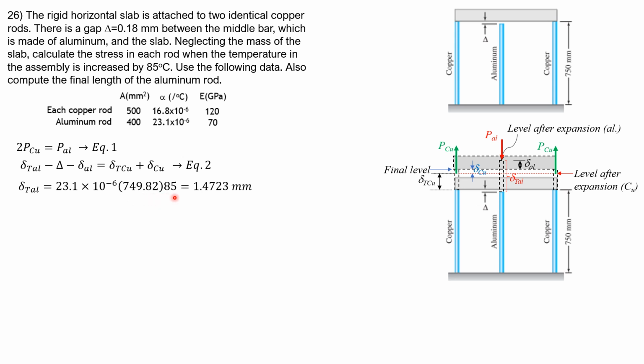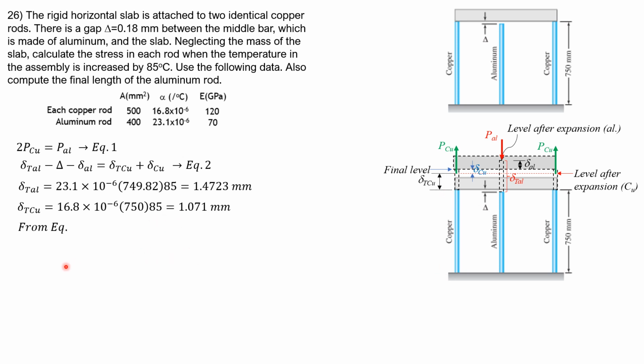But the answers will not be affected if you use 750. Times increase in temperature of 85 degrees Celsius, so 1.4723 mm. Then delta T due to copper is coefficient of thermal expansion 16.8 times 10 to the negative 6. Length is 750 originally. Then delta T 85.